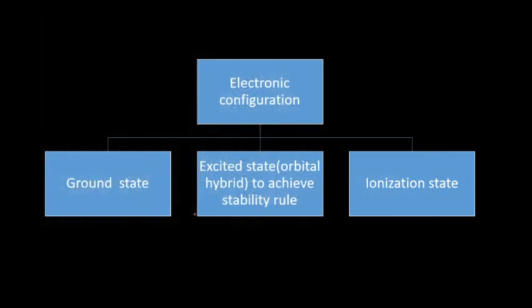So, electronic configuration now. We have 3 types of electronic configuration. We have ground state, we have excited state, and ionization state. And why are we having the excited state? We have the excited state in order to achieve what we call a stable configuration.